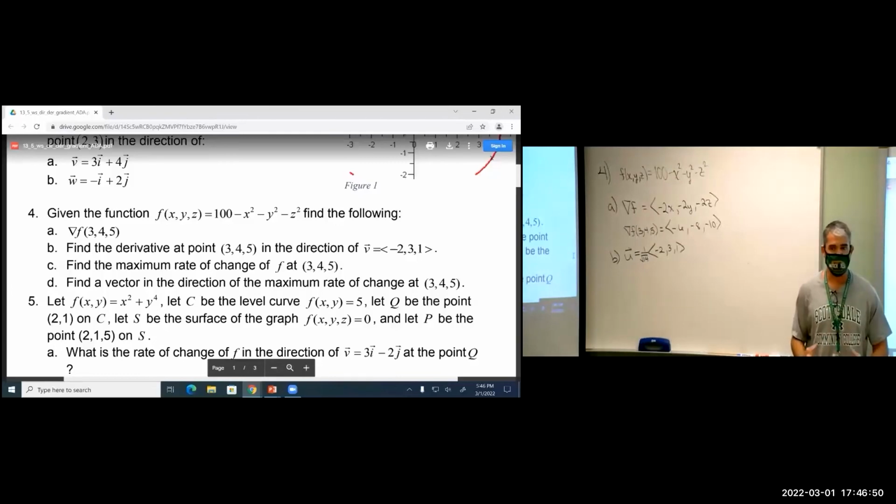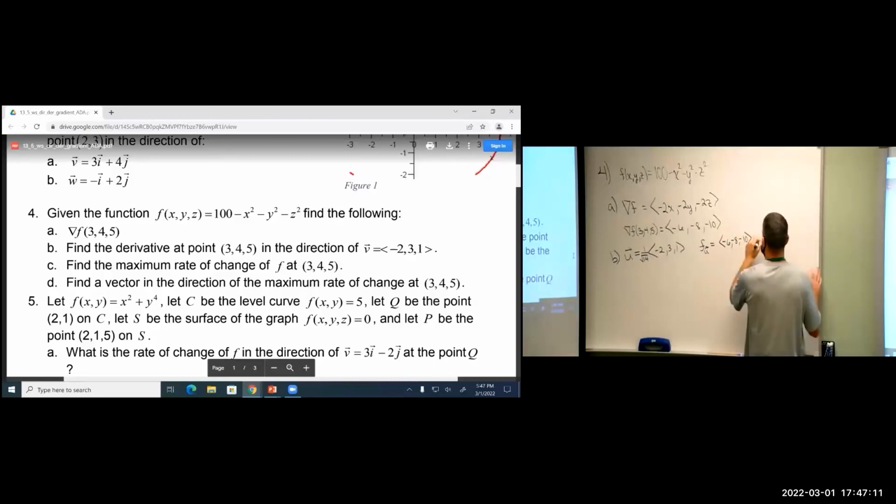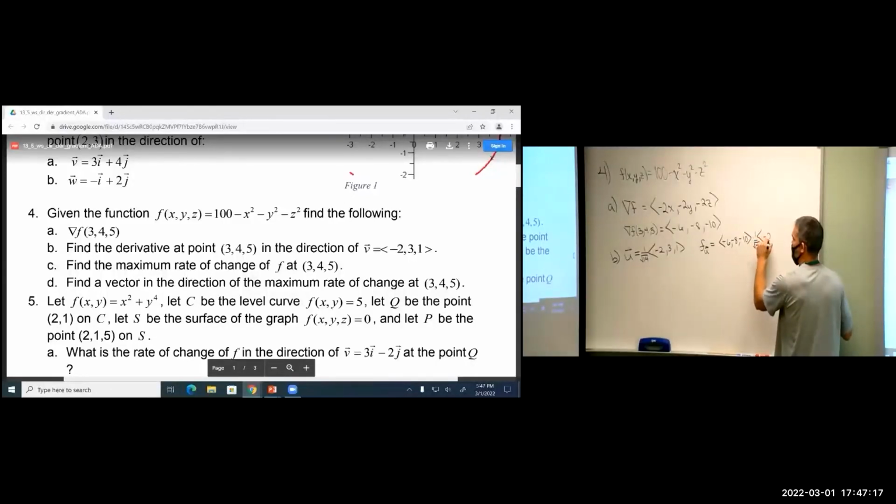The directional derivative is a scalar. The gradient is a vector. Okay, so now for the directional derivative in the direction of u, we have our gradient, minus 6, minus 8, minus 10, dotted with minus 2, 3, and 1.